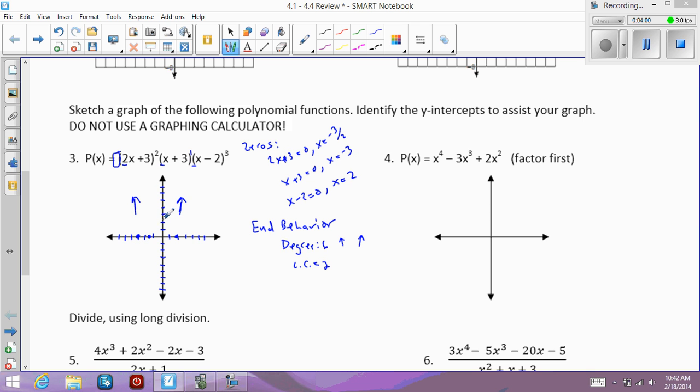All right, so at the negative 3, my exponent was 1, so I'm going to be going straight down through that point there. An exponent of 1 goes straight through, just like a line. Okay? Now I'm down below the x-axis, coming back up towards that negative 3 halves.